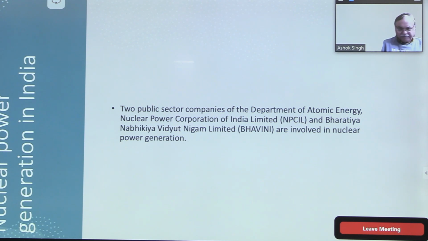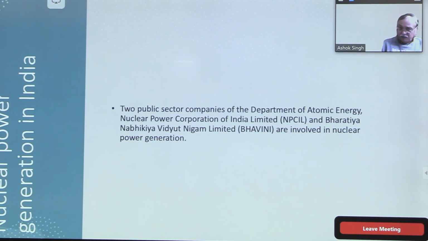Now, this is the highest level. The Department of Atomic Energy is always under the Prime Minister himself. This has been true from the period of Jawaharlal Nehru, and it is true till the period of Mr. Modi also.